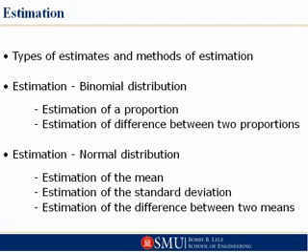In the area of a binomial distribution, these are some additional estimations you might make from samples. You might infer the true proportion, probability of success, for your full population based on what you find in your sample proportion. Might be the difference between two proportions, two populations.